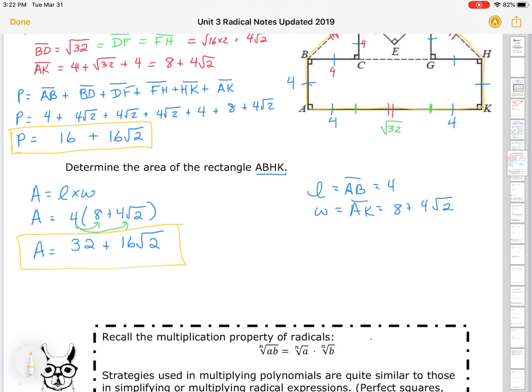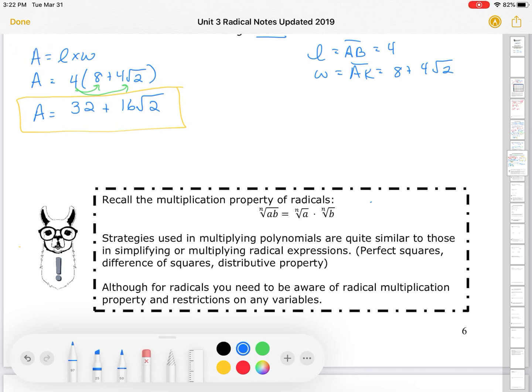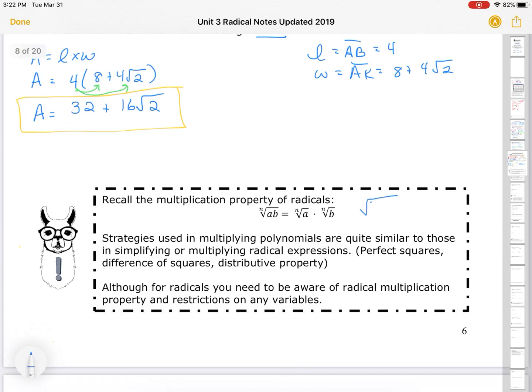Okay. Now, when we're doing these multiplication operations with radicals, we have to recall the multiplication property of radicals. So if we have the nth root of AB, that is equivalent to the nth root of A times the nth root of B. So if I wanted to use an example using numbers, if I had the square root of 2 times 3, that is the same as the square root of 2 times the square root of 3.